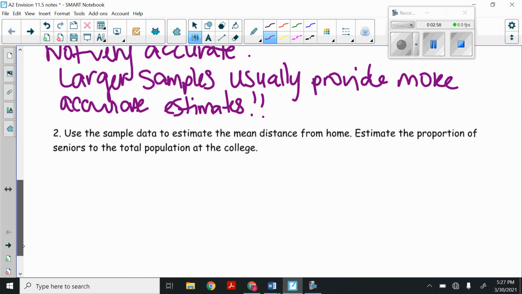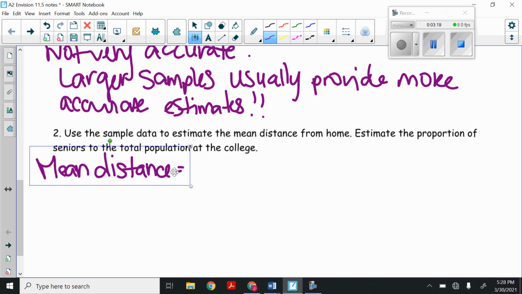All right, it says use the sample data to estimate the mean distance from home. Then estimate the proportion of seniors to the total population of the college. So first, let's find the mean distance. This is an average, so we're going to add up all of the data, like the 5 plus 50 plus 65, all of their miles.